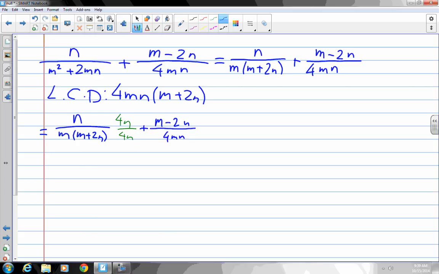What is missing in the second one? You compare the second denominator with the LCD. Yeah, m plus 2n. Is that okay?